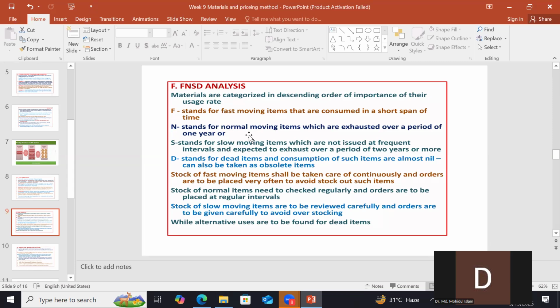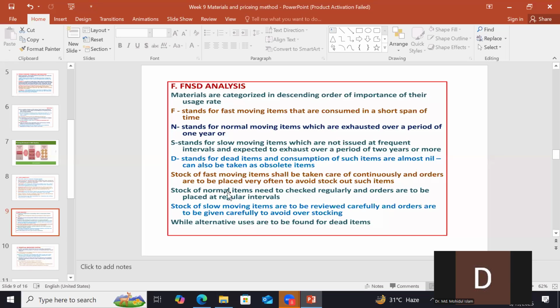We deliver them normally, and these types of product are consumed by the consumer within one year. They do not get damaged instantly. S stands for slow moving items. Slow moving items means this product is damaged very slowly and we issue it slowly to the consumer. These types of product have a warranty or guarantee of two years or more.